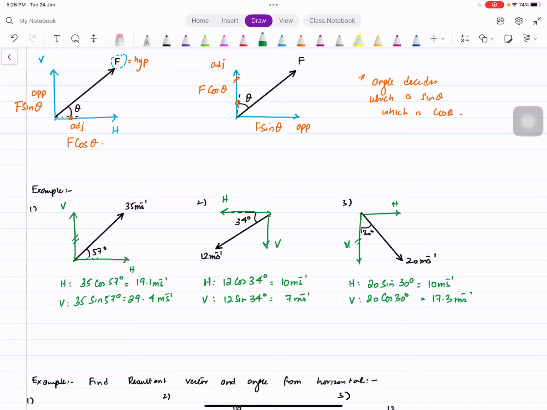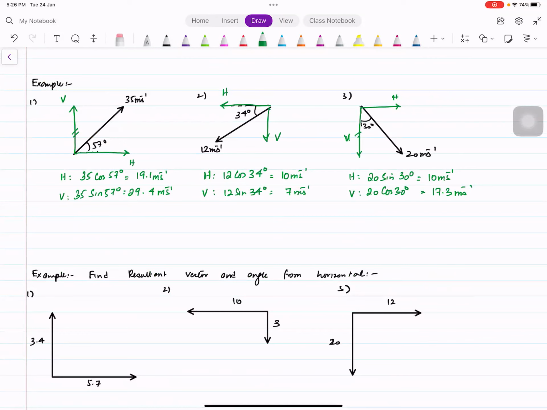Now, sometimes the components are given and they expect you to draw the resultant, find the angle, and also find the value. So if there are two components like up and right, the resultant has to be somewhere in the middle.